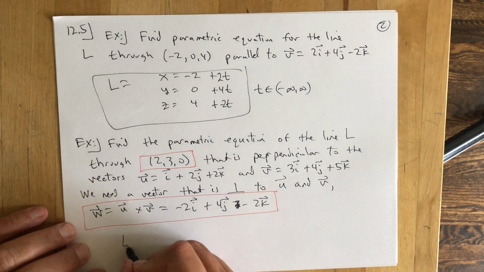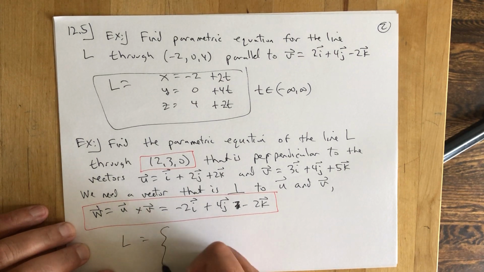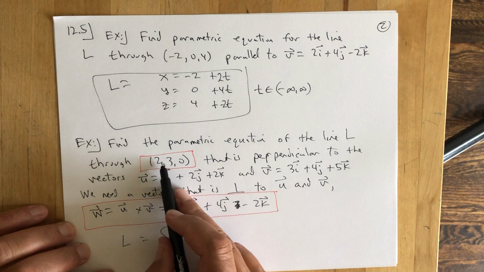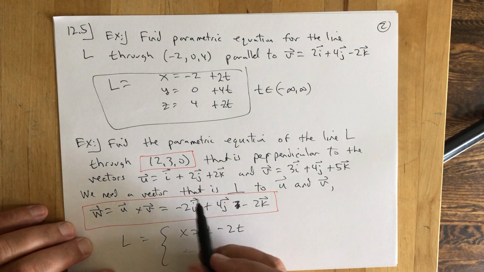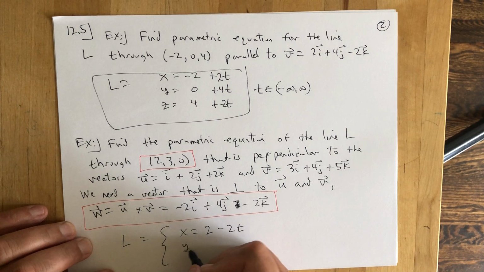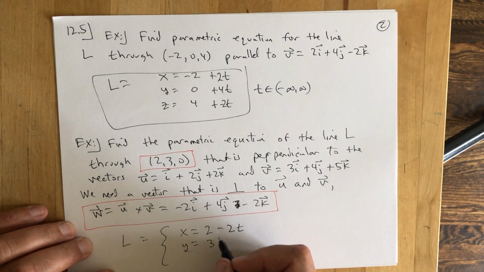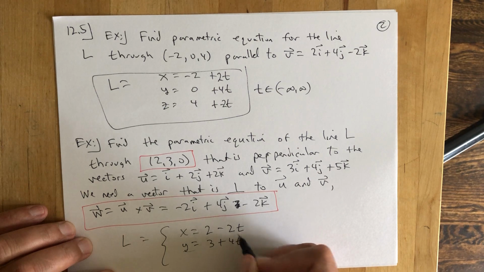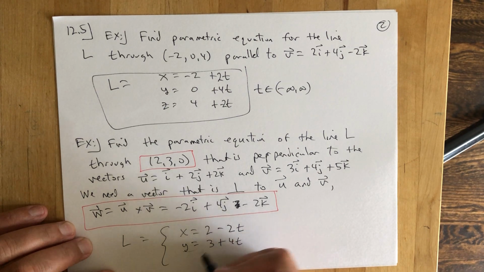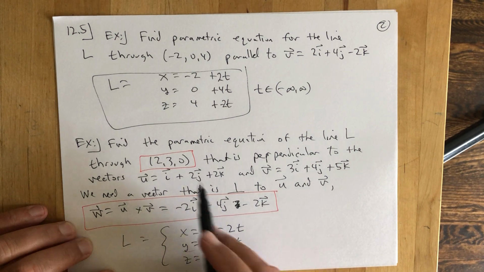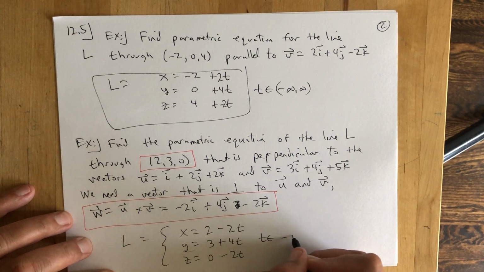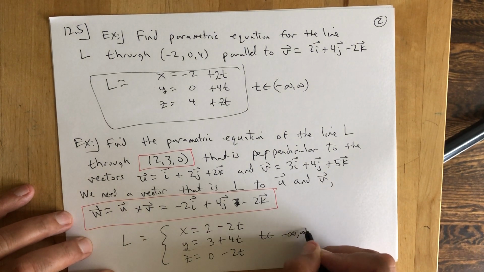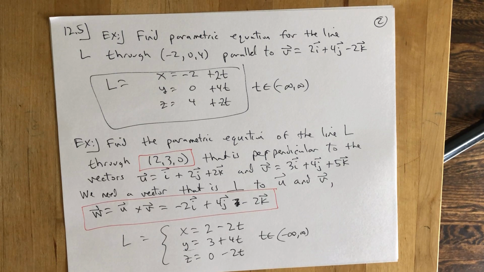Okay, so here we go. x is going to be 2 minus 2t from that. y is going to be 3 plus 4t from that. And z is going to be 0 minus 2t, from that. And here t runs from minus infinity to infinity.